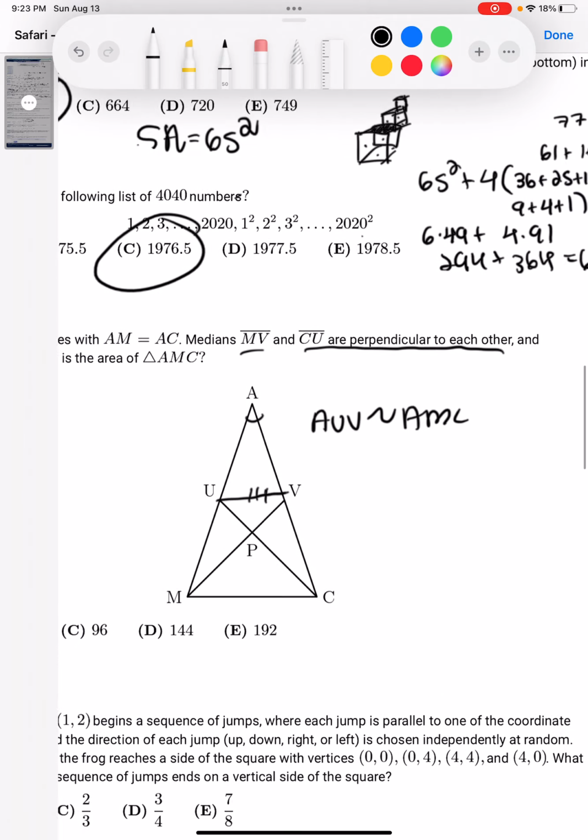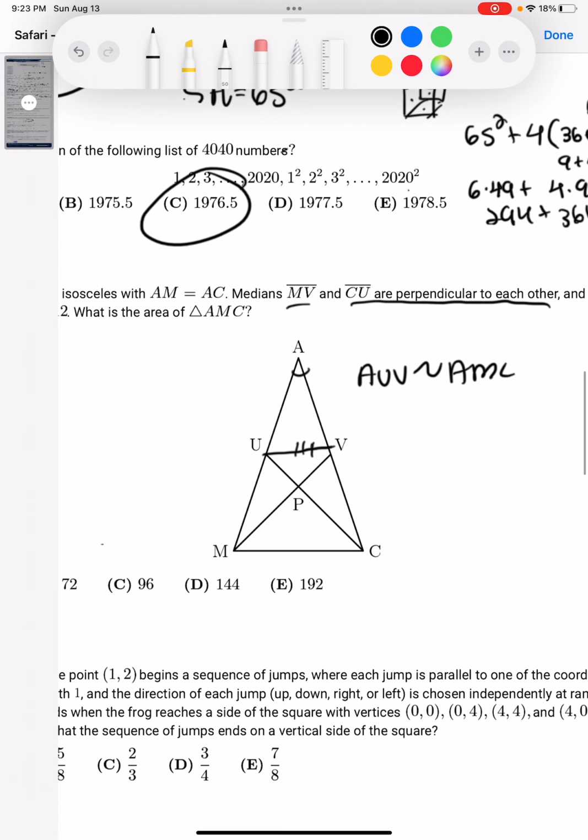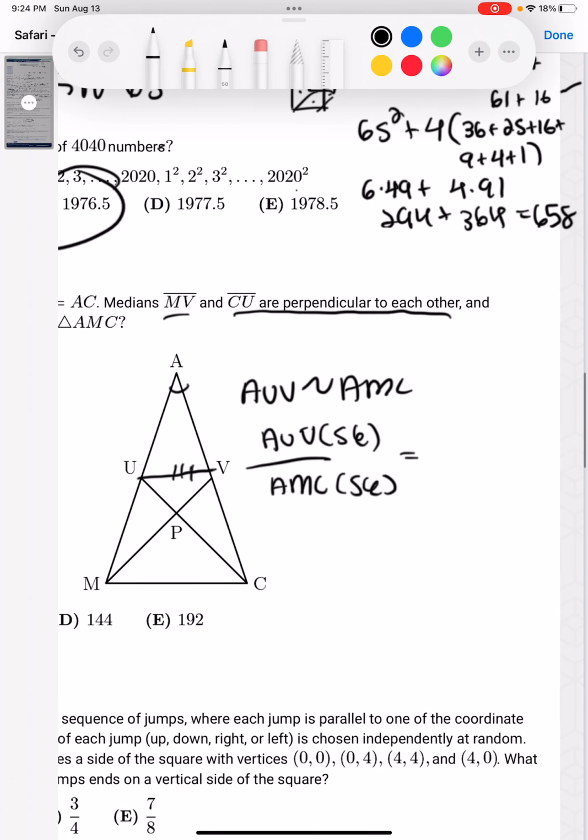Because we have medians, AUV over AMC in terms of side lengths equals 1/2, so the area ratio is 1/2 squared.